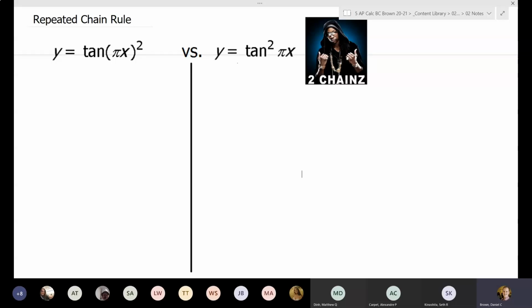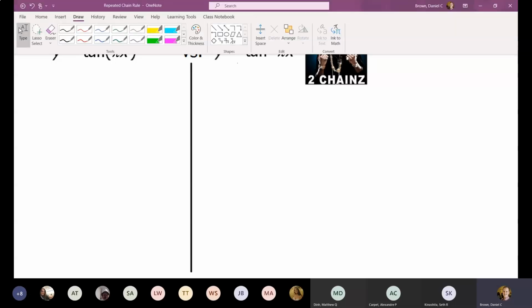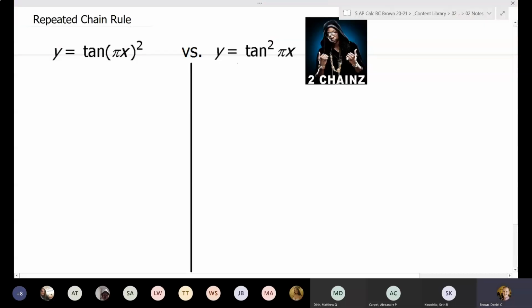So let's look at this first one. I have the tangent of pi x squared. What is the very outside function when I see the tangent of pi x squared? Tangent. So we're going to look at the tangent first. What is inside the tangent?